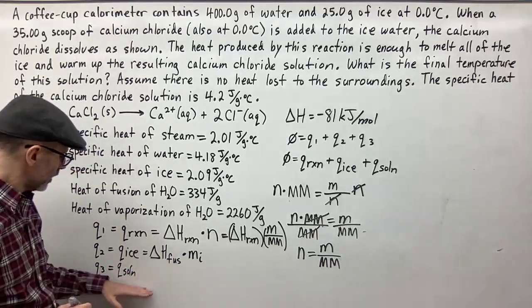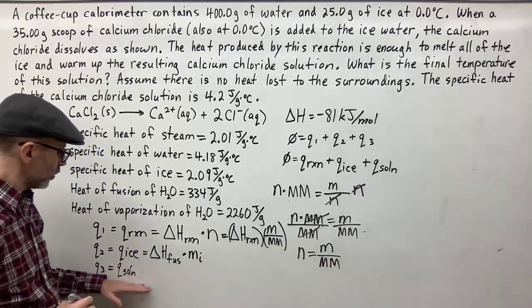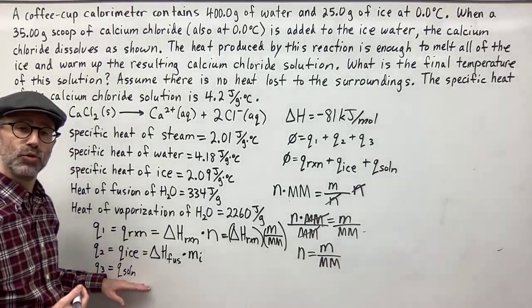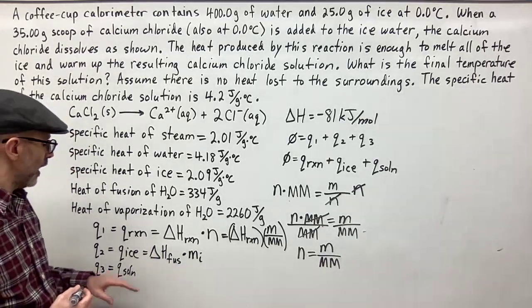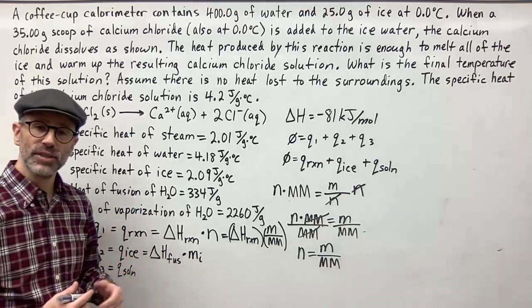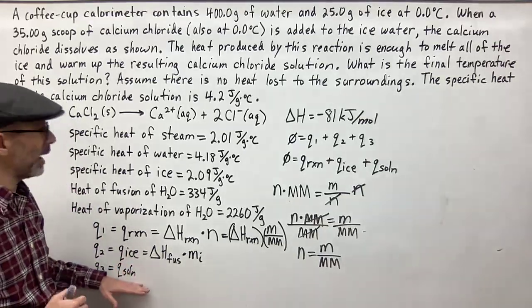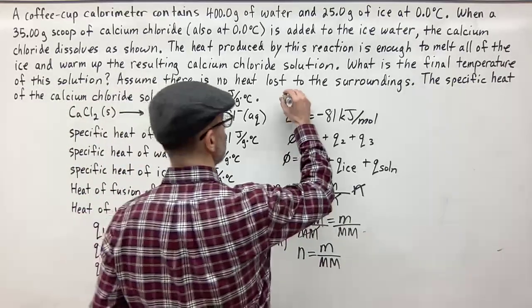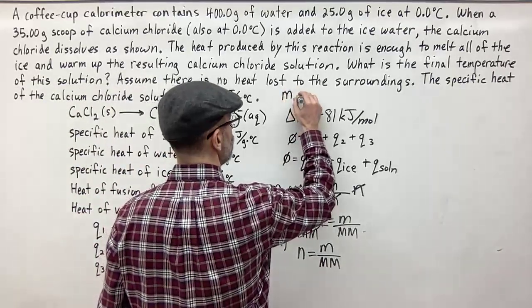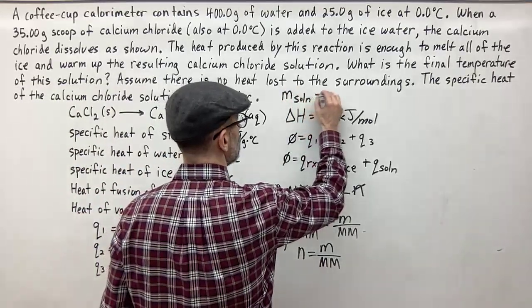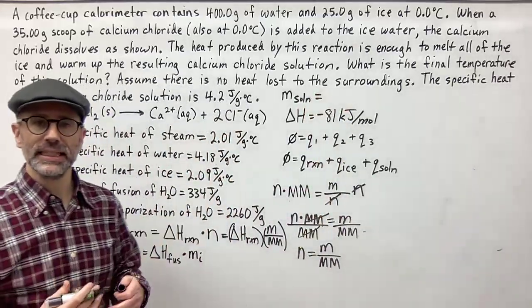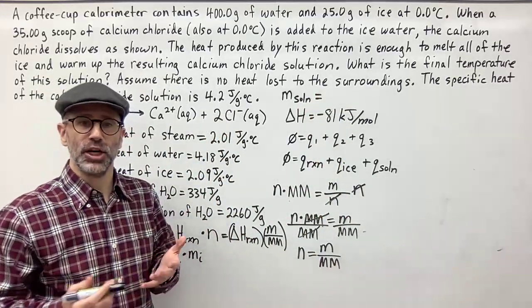Finally, this is going to be the amount of heat absorbed by the solution. Well, what's that going to be? That's going to be your Q equals mcΔT, because I've got the mass of the solution. Well, what's the mass of the solution? Well, the mass of the solution is equal to everything mixed together, right? The solution is a mixture of what?